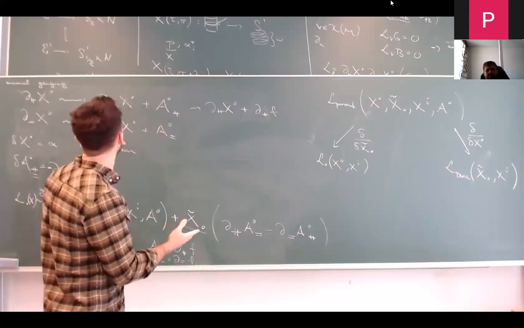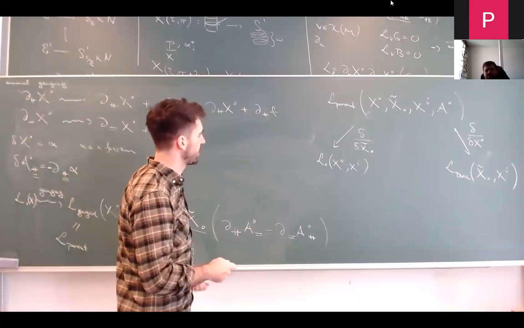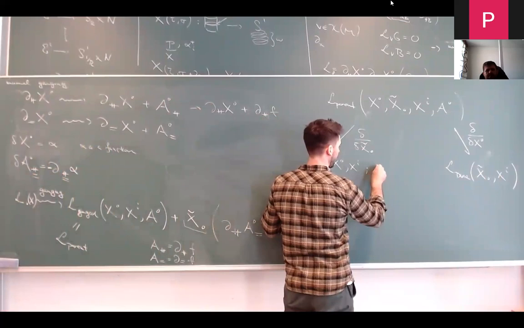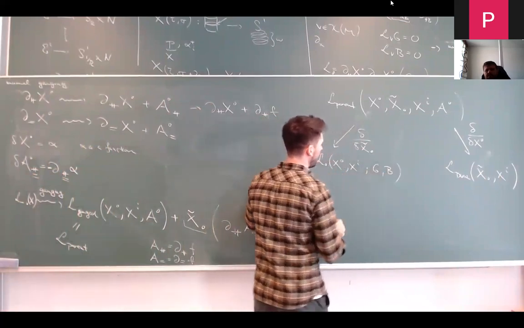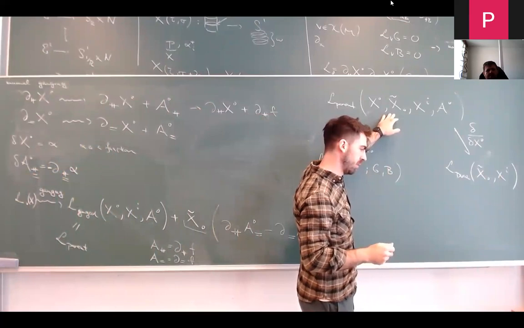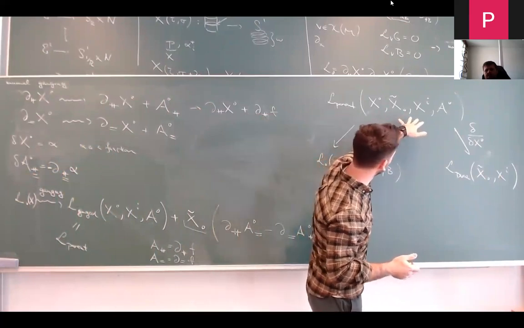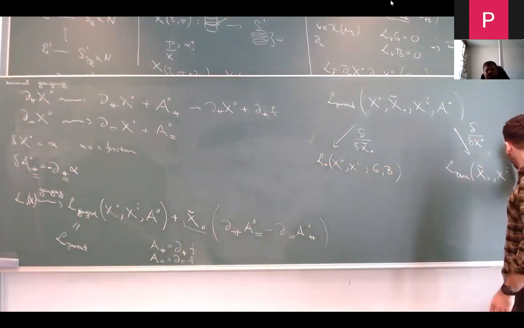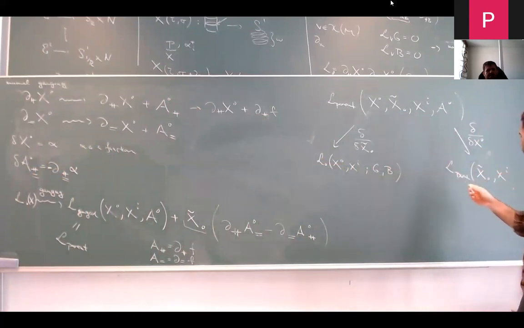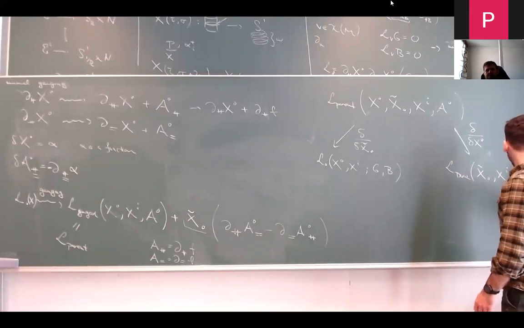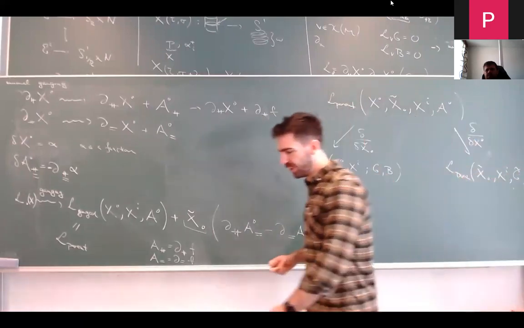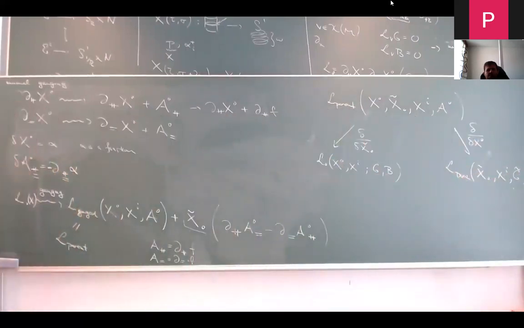What's interesting is that this original thing had as extra parameters G and B. If you pull it up, the G and B remain in the Lagrangian, and if you integrate out the dual coordinate, it will still depend on G and B, but they get repackaged into a new set of G and B's, connected to the original ones by the famous Buscher rules.